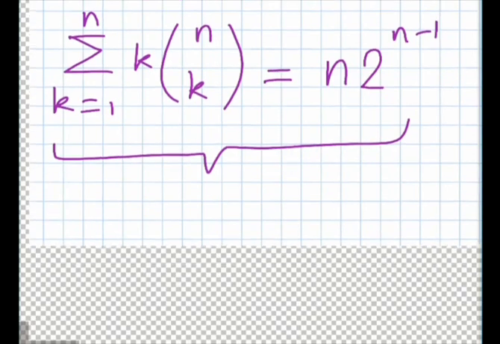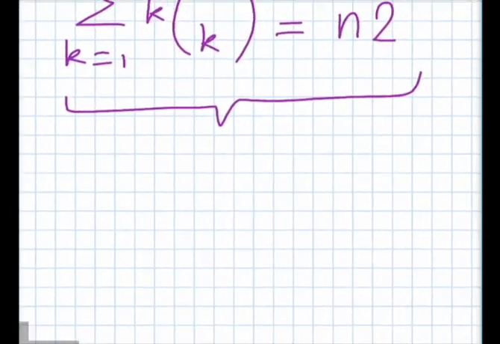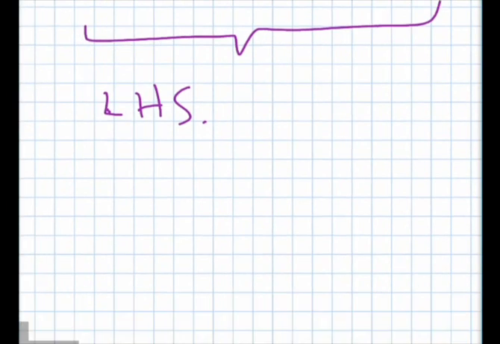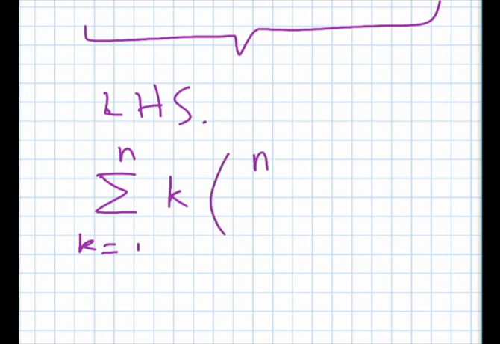Now since we have done that, let's do it using pure mathematics. We say the left hand side is equal to the summation from k equals 1 to n of k times n choose k. What I will do is divide by n and multiply by n.